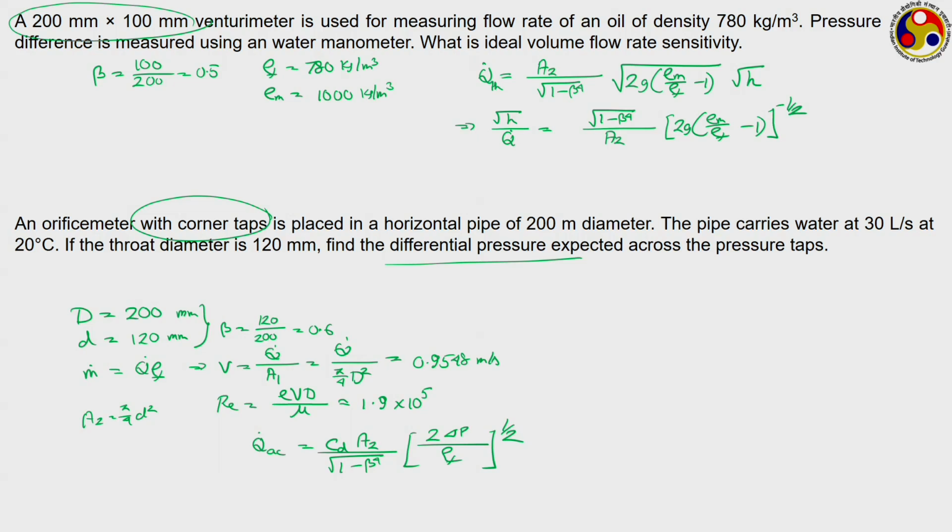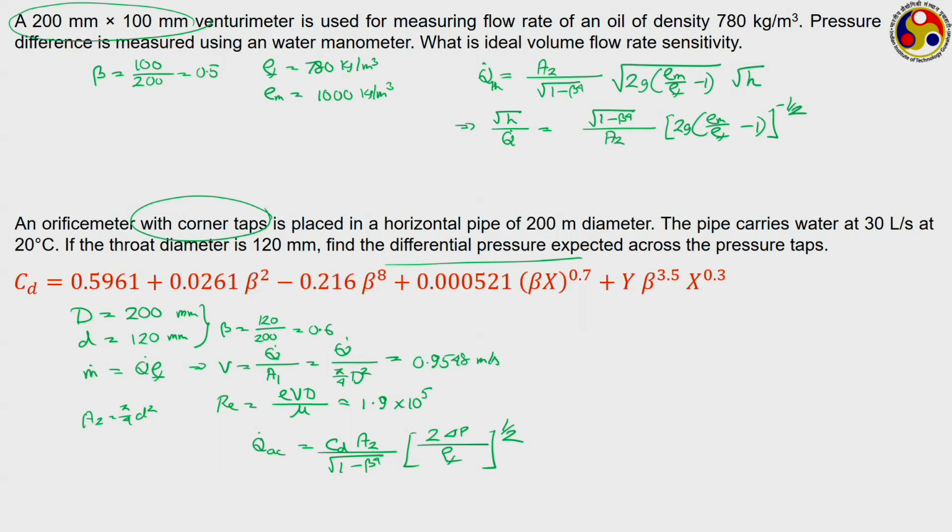So, for that purpose we need to use some kind of knowledge from previous experience, and this is one correlation that we are going to use here, where CD is generally found to be a function of beta, and there are some terms capital X and capital Y. If we expand them, they will be coming as functions of Reynolds number.